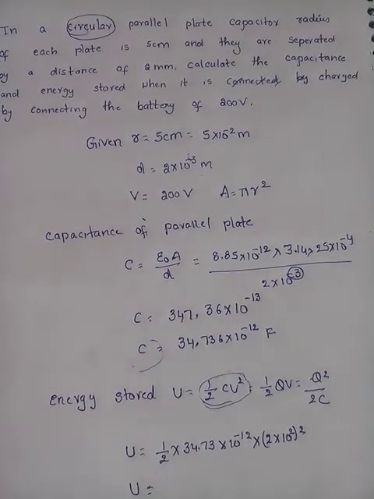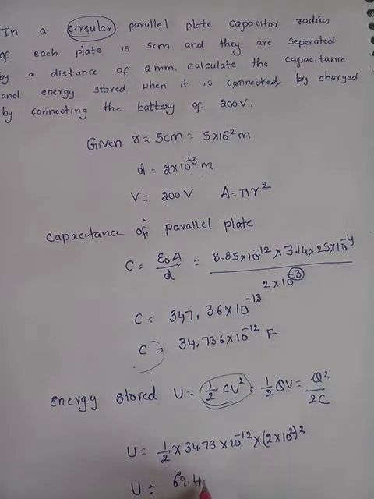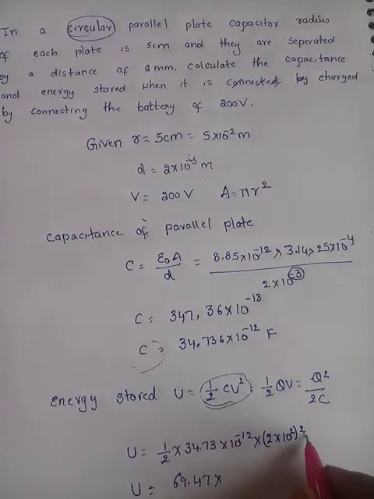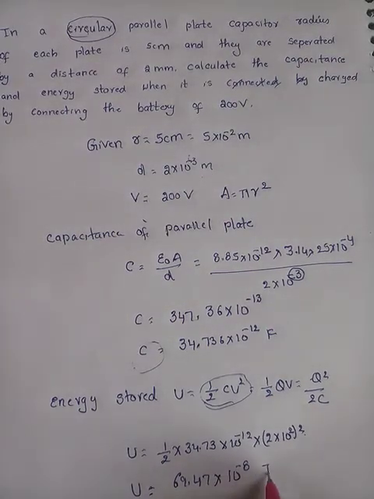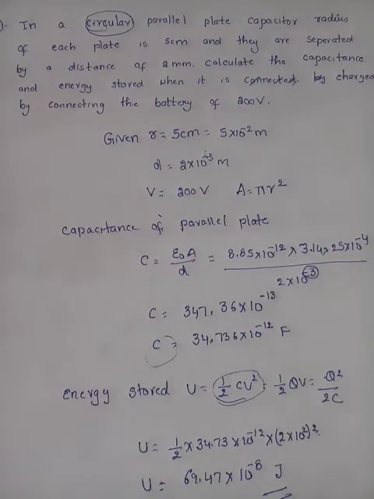So U equals what? Here we are multiplying the values: 34.736 into 4, 2 square divided by 2, we get the value as 69.47 into 10 raised to minus 12 plus 4, that is minus 8 joules. So this is the simple way of calculating the capacitance of a parallel plate capacitor and energy stored.